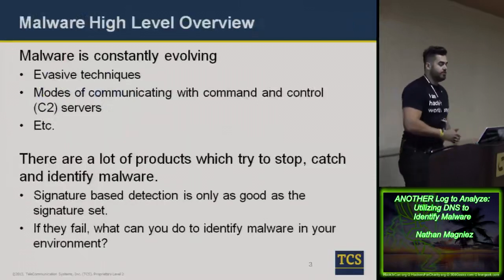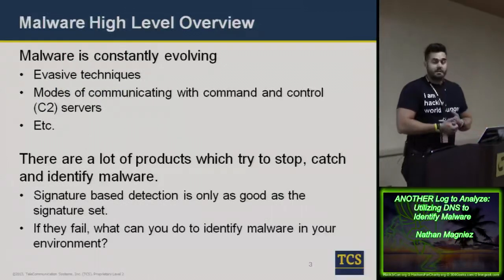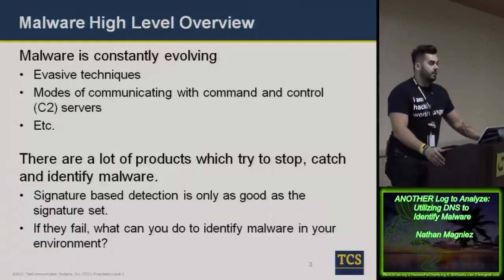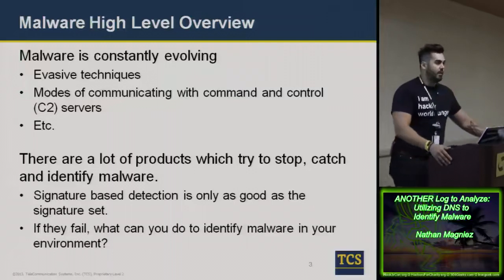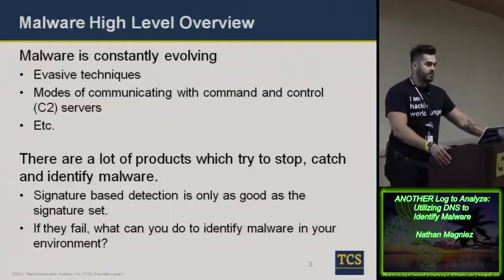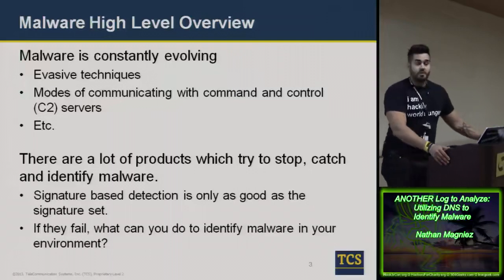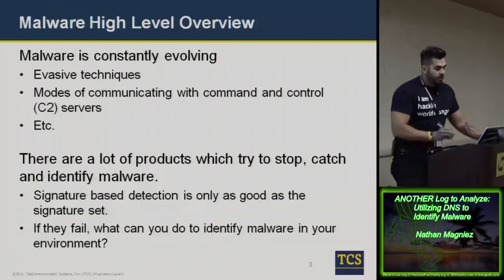So on a general, high-level overview of what malware is, it's constantly evolving. We all know this. It's very generic. They want to remain evasive to detection techniques such as antivirus or any sort of advanced threat protection type of device a vendor will try to sell you. Their modes of communicating are also evolving.